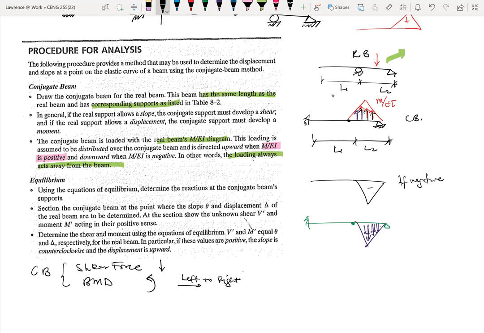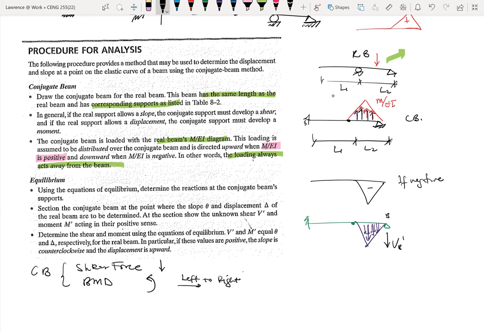So if you assume that your shear force is acting downwards, let's say if I want to find a shear at a particular point, let's say B, then I assume VB prime is acting downwards.